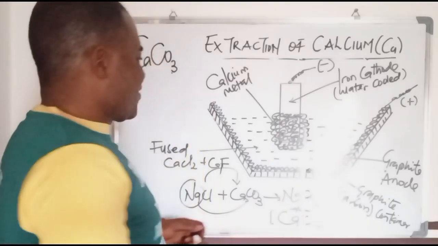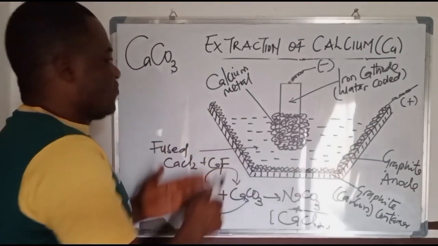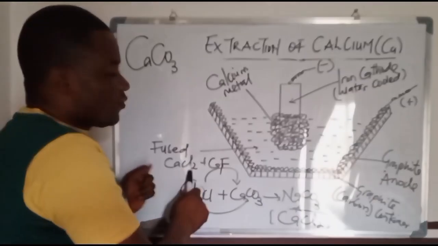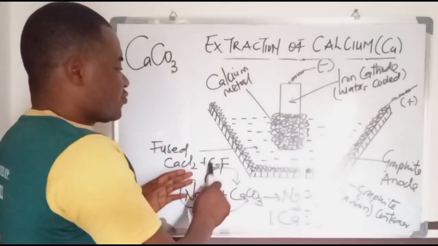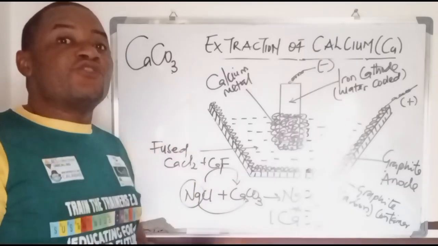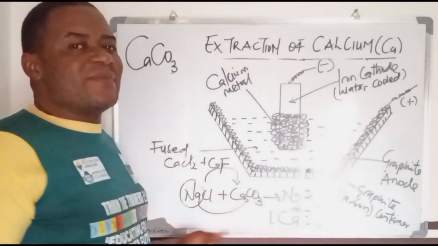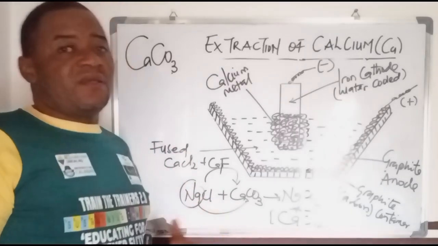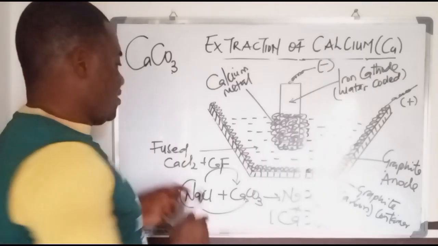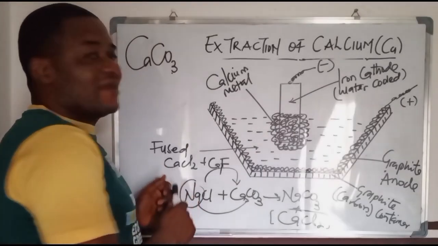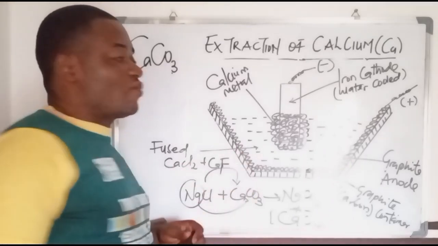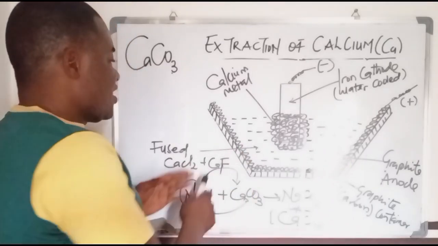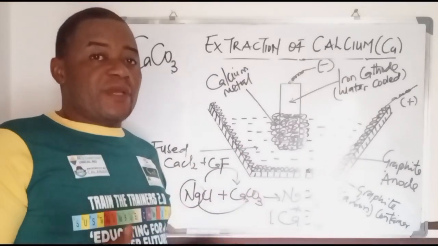Now, it's important for us to know that in this extraction, it is not only calcium chloride that is used. Usually, calcium fluoride is also introduced, but why? Sometimes about one-sixth of the mass of calcium chloride, as calcium fluoride, is used in this particular experiment. The reason is to lower the temperature.